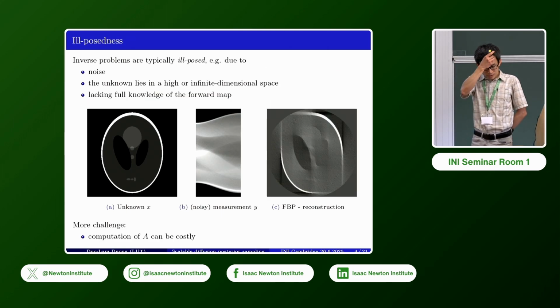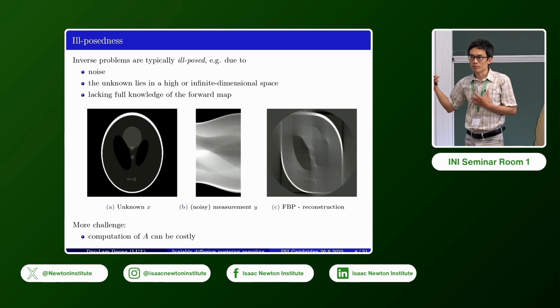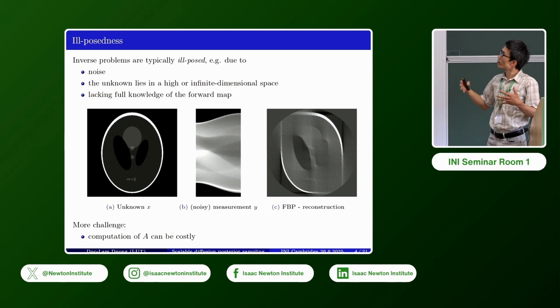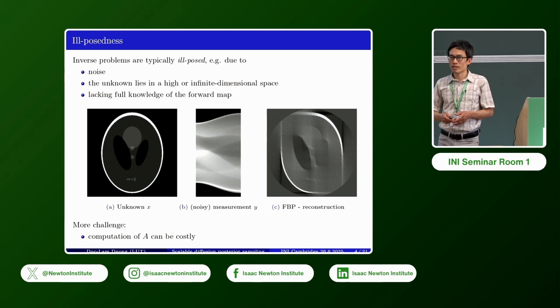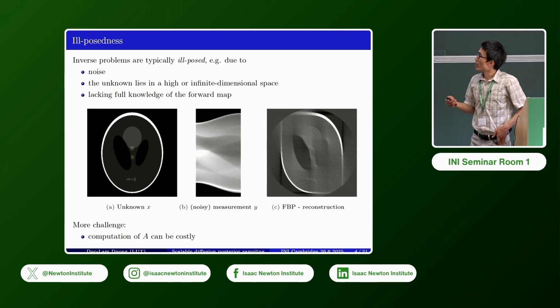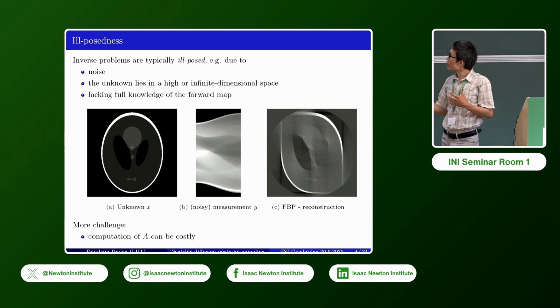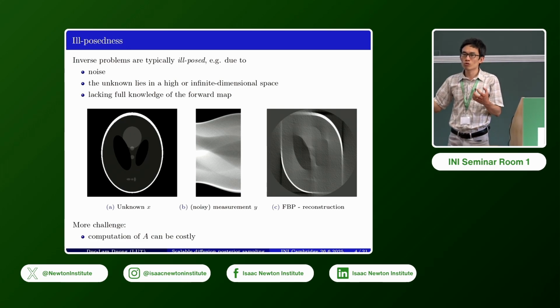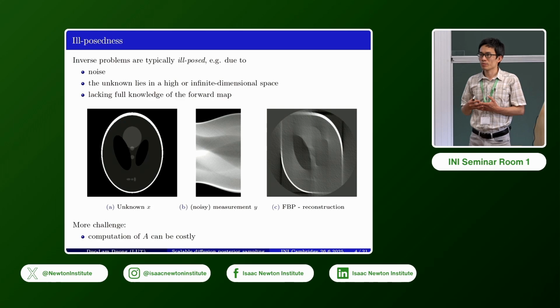What is challenging about inverse problems in general is that they are usually ill-posed, due to the fact that we have noise, and sometimes the unknown can lie in a very high or infinite dimensional space, where you only have access to finite data. Also, sometimes the forward map can be very challenging to obtain full knowledge of.